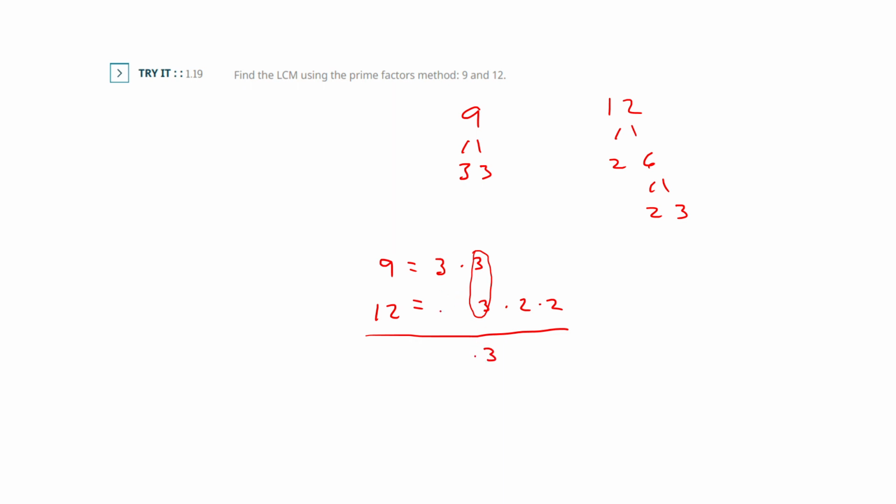Then anything they don't share is going to get brought down individually. So they shared a single 3, but everything else I just bring down. Now let's just multiply this out. I've got 9, I've got 18, I've got 36. And if you tried the brute force method, you'd get to the same place.